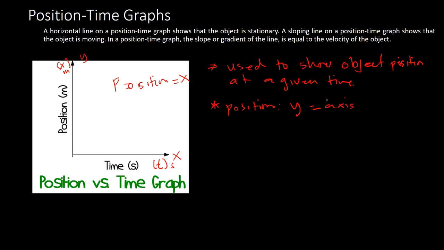So whatever the orientation of the position versus time graph, or whatever problems we'll be encountering as we move along in our college life, you always put position on the y-axis and time on the x-axis. And also when it comes to the velocity time graph, obviously you will put velocity on the y-axis and time is still on the x-axis.